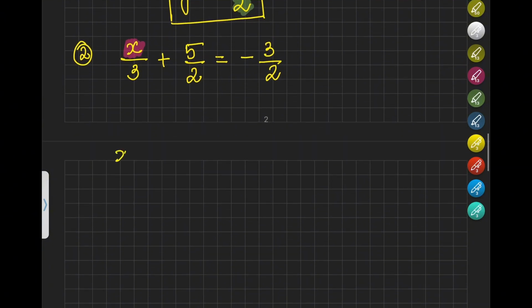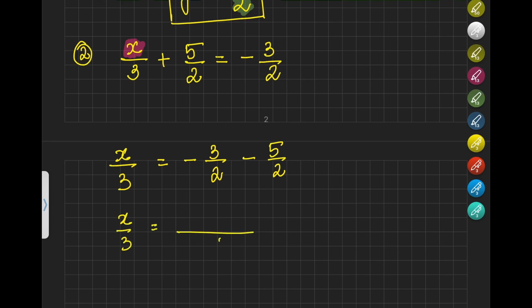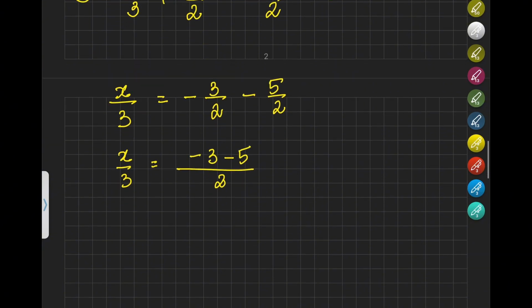So let's write x by 3 is equal to minus 3 by 2 minus 5 by 2. So x by 3, let's take the LCM as 2, minus 3 minus 5. So x by 3 is equal to minus 8 by 2. Can I solve minus 8 by 2? Yes, it is minus 4. So x by 3 is equal to minus 4.